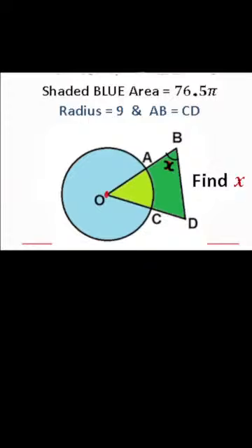Okay. What we have done here: I can solve for the area of the entire circle, right? We are given this, this is 9. So the area of the entire circle is going to be 81 pi. So this much portion is 76.5. I can solve for this part, right?